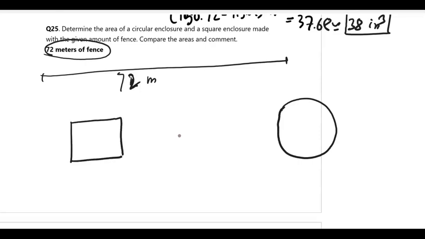Both the circumference of the circle and the perimeter of the square are going to be 72. You make two kinds of enclosure, compare the areas and comment.